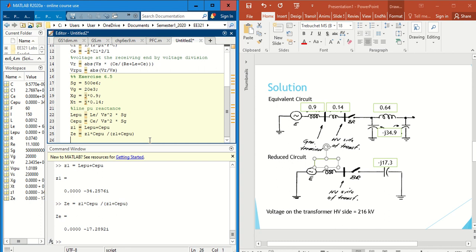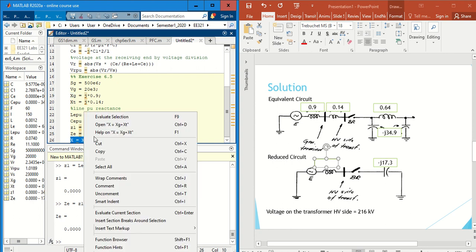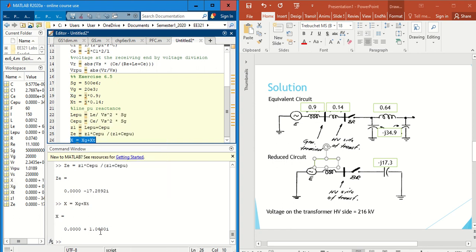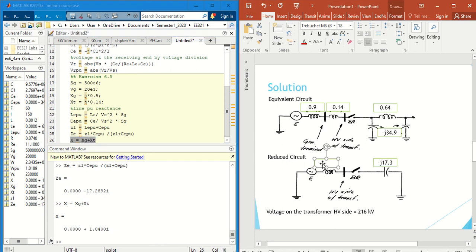And this here becomes Xg plus Xt, so we're going to say X is equal to Xg plus Xt. Let's see what this is. This is j 1.04. Yes, correct. Now we have found the equivalent reduced circuit. We can do the computation for the voltage on the transformer HV side.